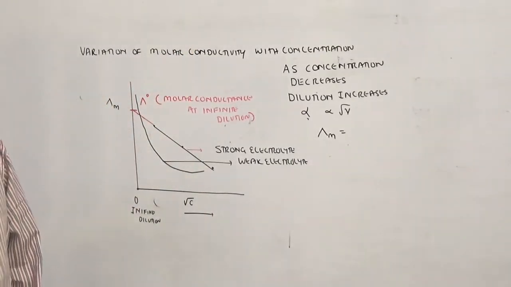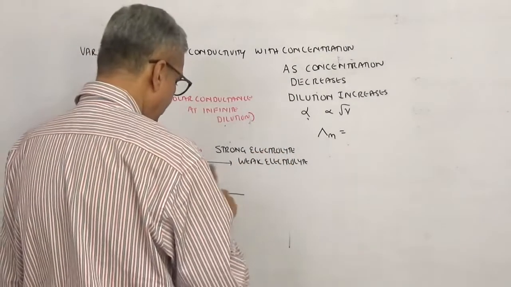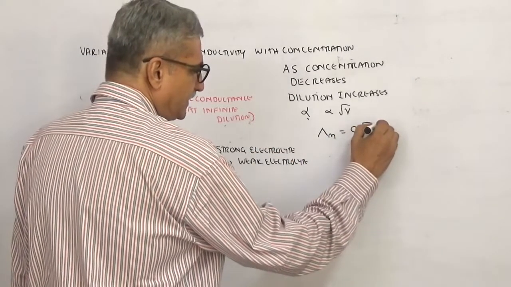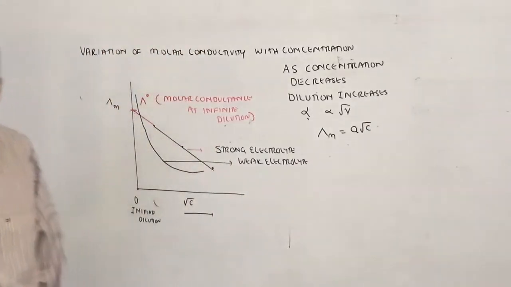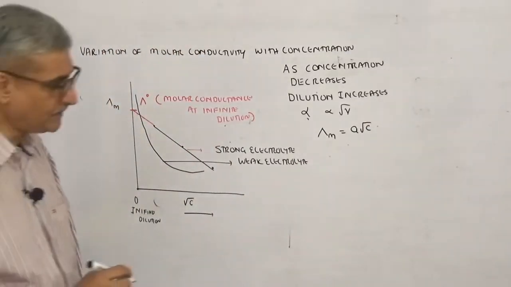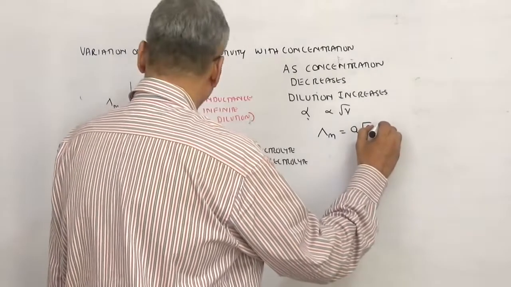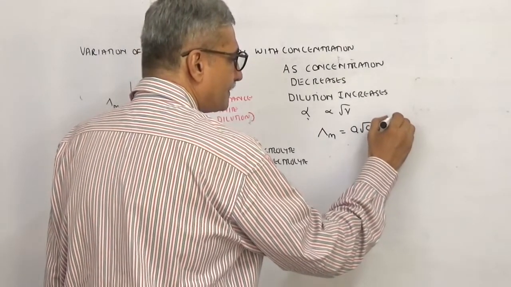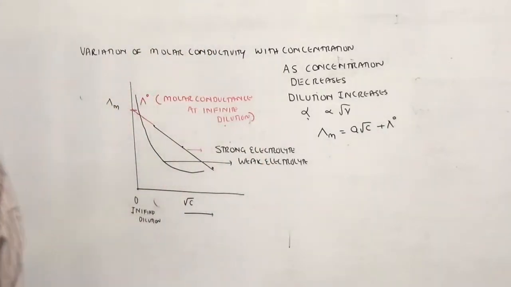Mx is a root c. And then what do you have? Y-intercept. Your y-intercept happens to be molar conductance at infinite dilution.